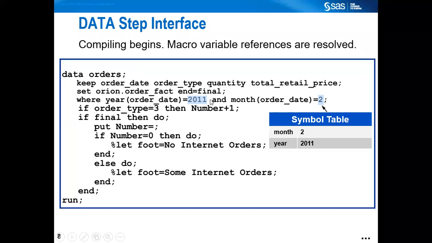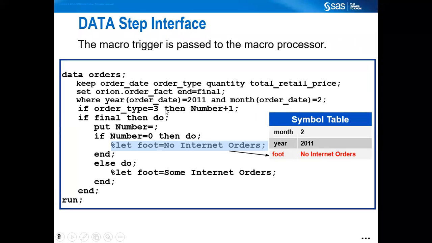So wherever it was ampersand year, ampersand month, it got resolved from the symbol table. Then you are giving a condition of your order type 3, but at the same time, it's not an execution phase, or you can say this data step is in its compilation phase. So when it encounters a %let statement, it will create a macro variable foot in your symbol table with the value no internet order.